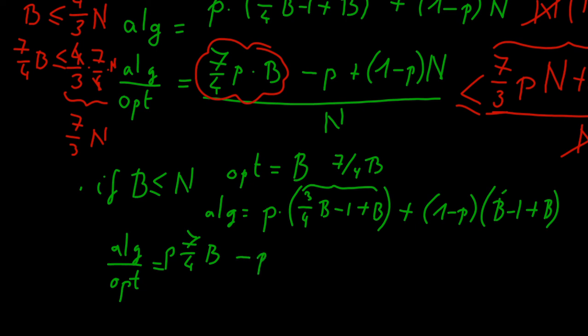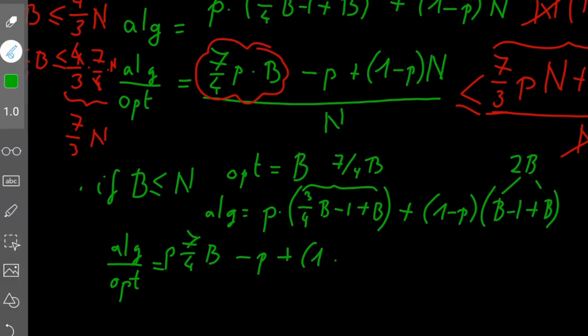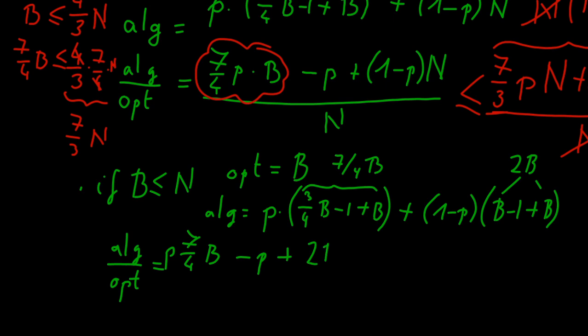Now here we have 2 b's, so it's plus 1 minus p. I think it's better to expand. So it's 2 b's minus p times 2 b's, minus, so it's plus p minus 1, from this part, divided by b.